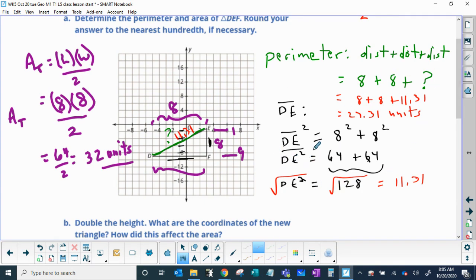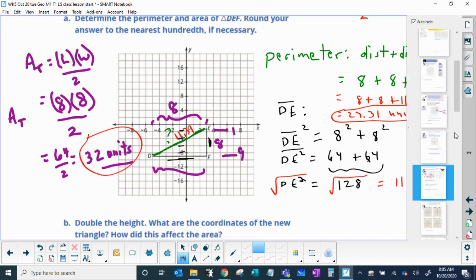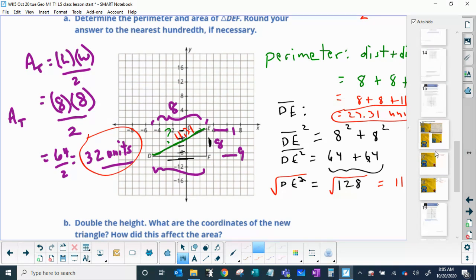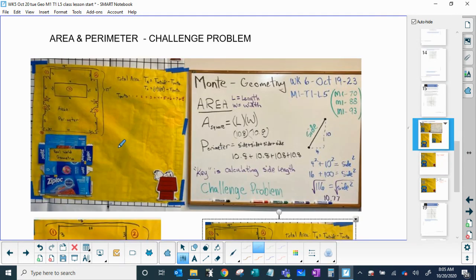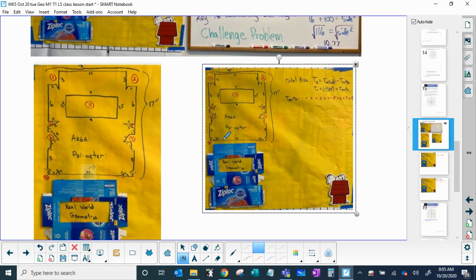I do want you to know that I want you to push yourself as you do this practice this week, because we want to do some real world math. In my real world math example, I went to the recycle bin and found a shape, traced the shape, then started measuring with a yardstick or a ruler or a measuring tape.